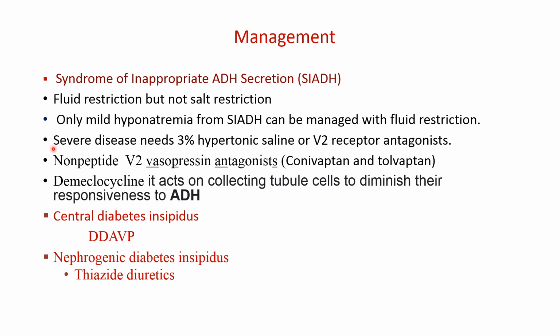However, if you have severe illness and the hyponatremia is significant, you may want to give hypertonic saline to try to boost the levels of sodium in the plasma. And you want to give V2 receptor antagonists. There are some of them here. You will learn more about them in pharmacology. I'm sure they will teach you this.